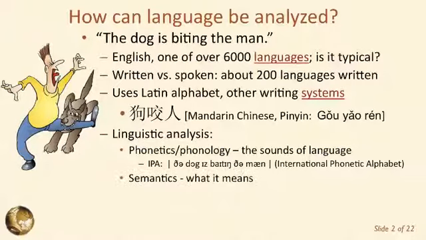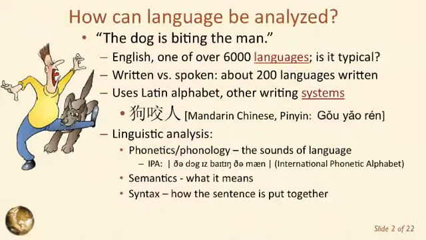Another aspect of linguistics is semantics, what the sentence means. And in this case, the sentence is quite clear. It's not the man biting the dog, but the dog biting the man, and it's unambiguous. We can talk about how a sentence is put together, and that's syntax. And so in English, very often we start with the subject, in this case the dog.